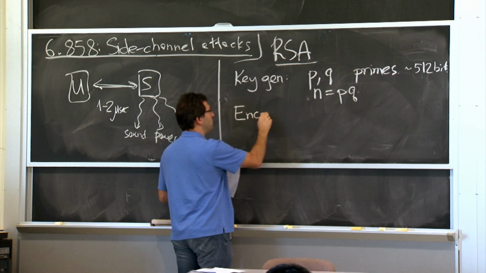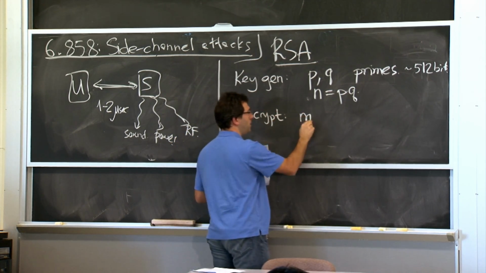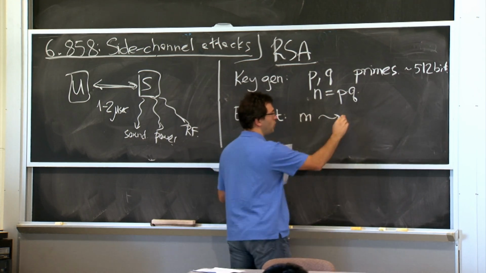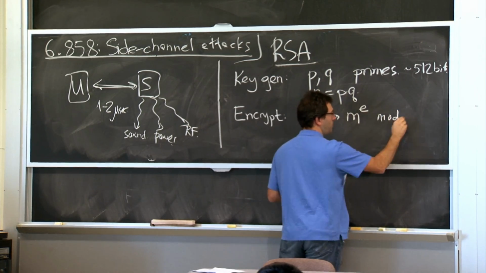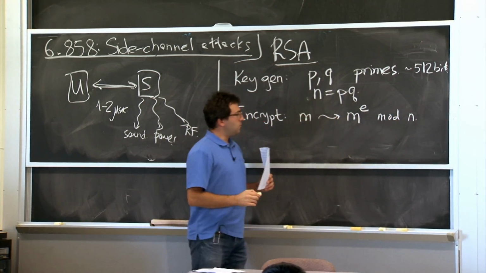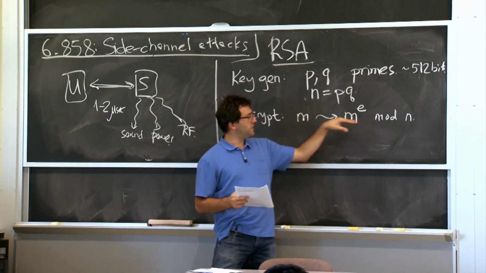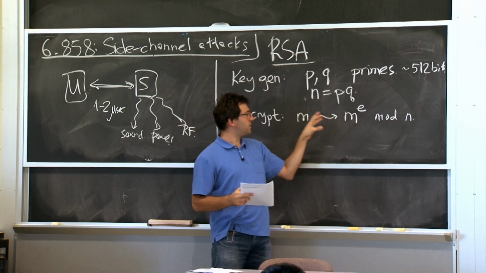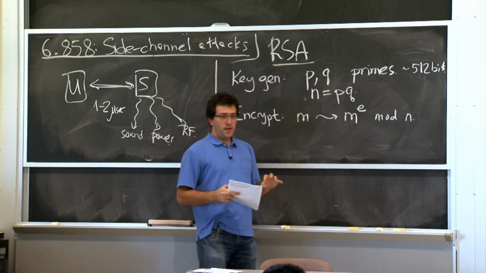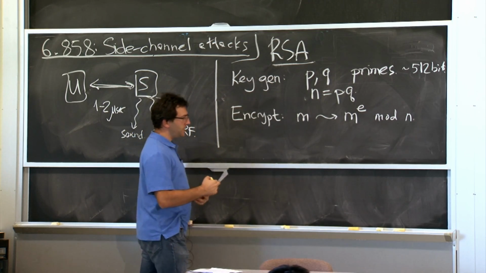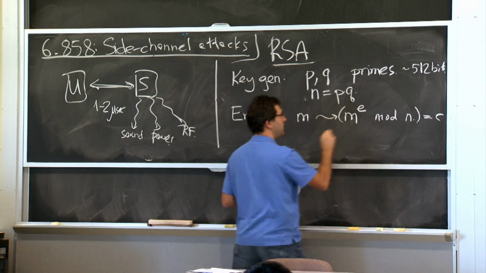If you want to encrypt a message, we take a message m and transform it into m to the power e mod n. So e is going to be some exponent; we'll talk about how to choose it in a second. But this is how we encrypt a message: we take the message as an integer and exponentiate it. We'll see why this works in a second. Let's call this result C, the ciphertext.